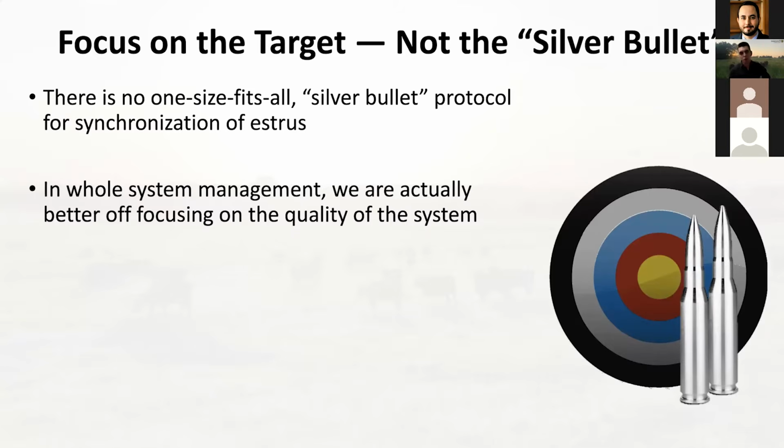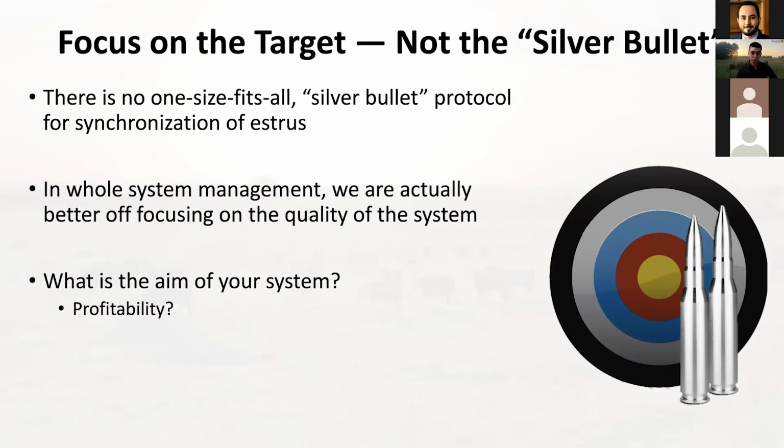In a systems management approach, we are better off focusing on the quality of the overall system than trying to figure out the silver bullet solution that solves all your problems. Synchronization is not a silver bullet solution, but it's a really good tool.